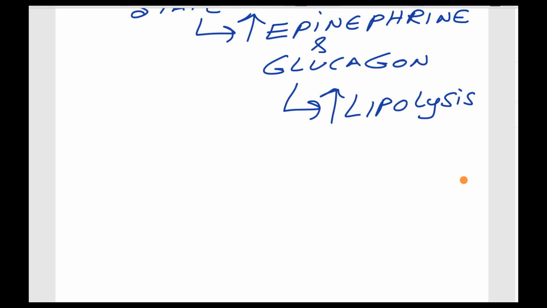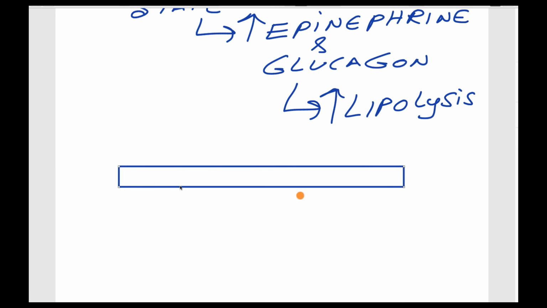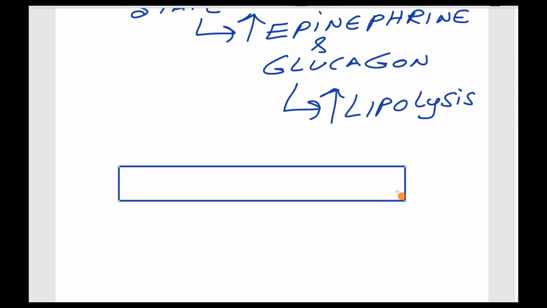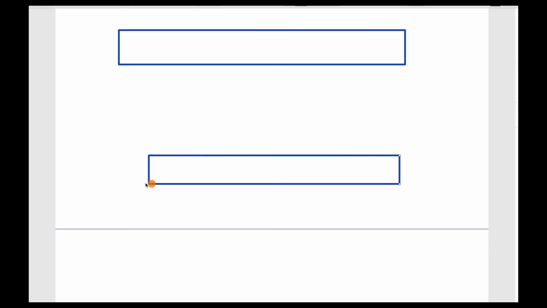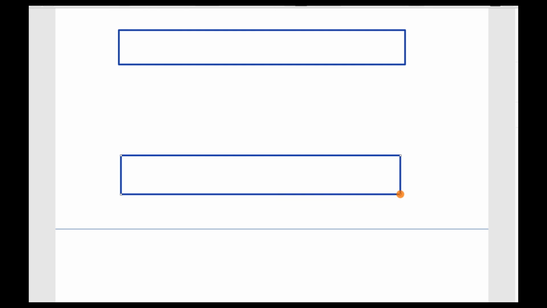What is the mechanism? Again, let us go back to acetyl coenzyme A carboxylase. As I said, it can exist in two forms, an active form and an inactive form.